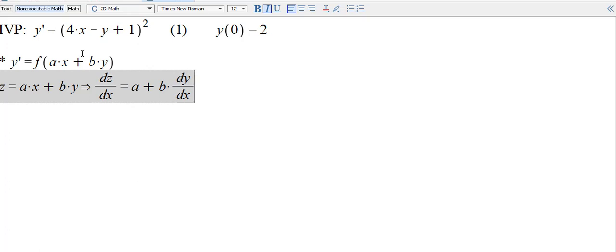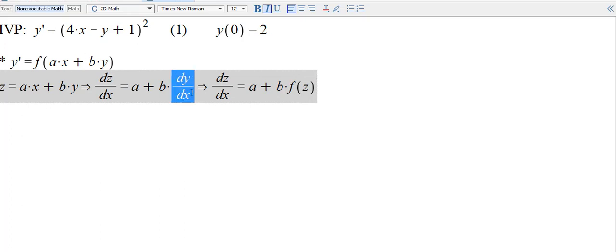And then you plug in the equation. You have dz over dx will be a plus b times f of z. So here we substitute dy over dx as f of z.